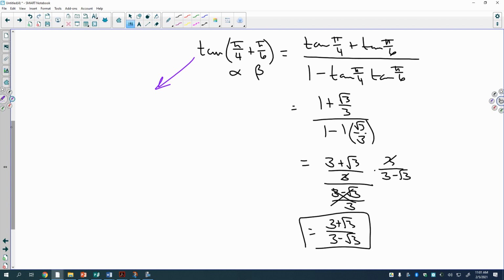Tangent is still sine over cosine. I can use these formulas just like I would before, and then apply them.